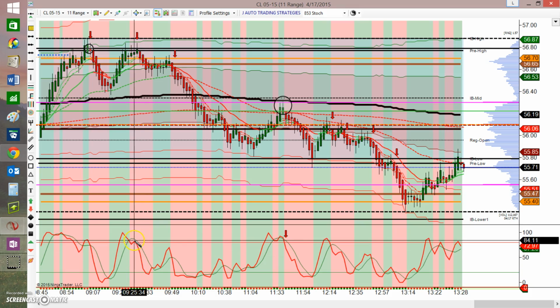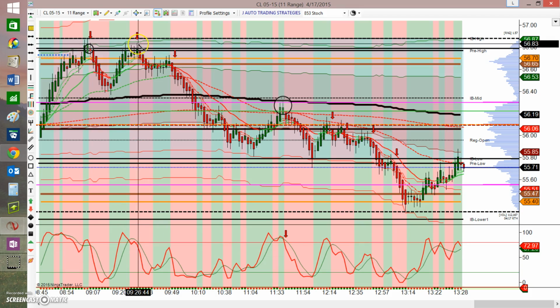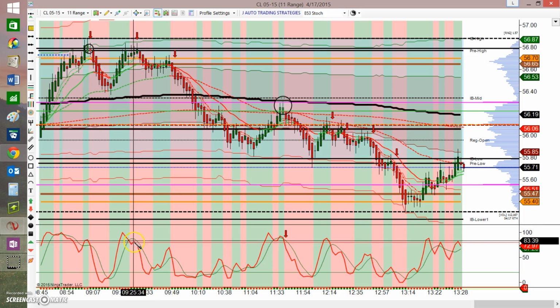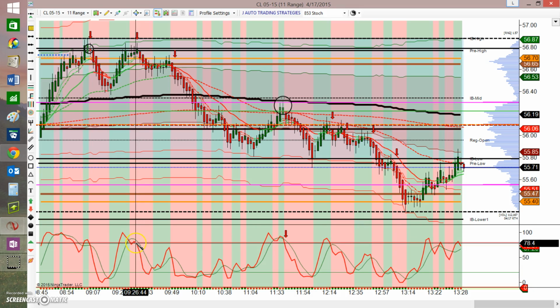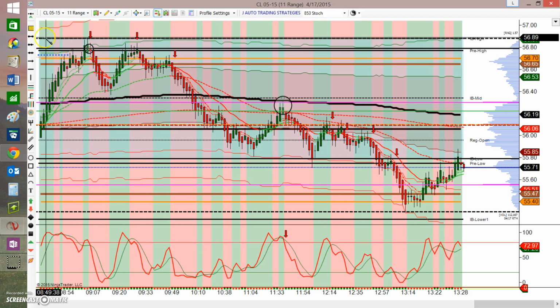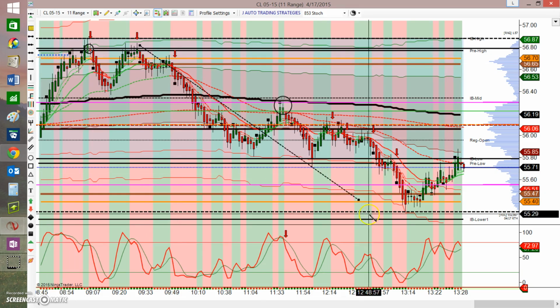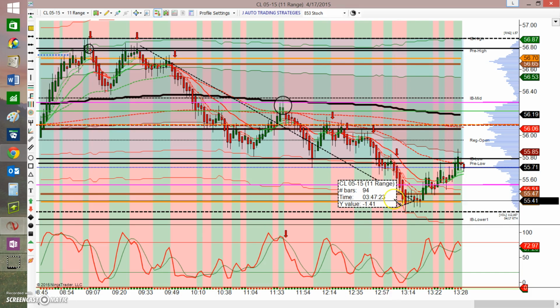So another way to get in, if you miss that kiss, is to be looking at your oscillator at the bottom and wait for this crossover. If you took the first cross, you might have got in a little bit too early, but take the second cross down and that's a surefire winner. And look how much that would have made you in crude yesterday, $1.41.